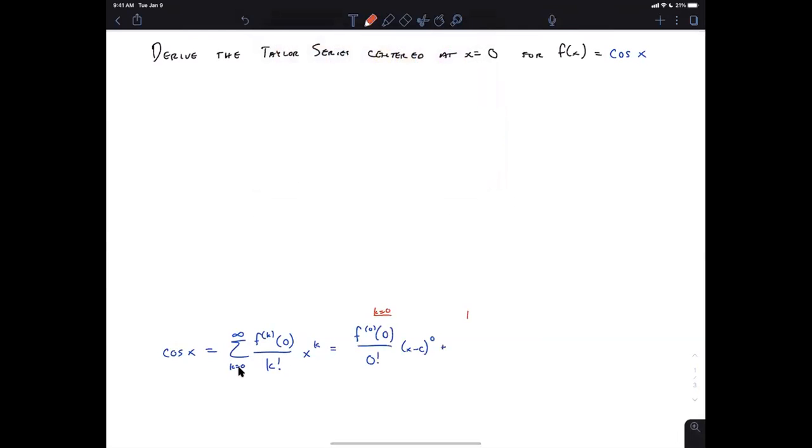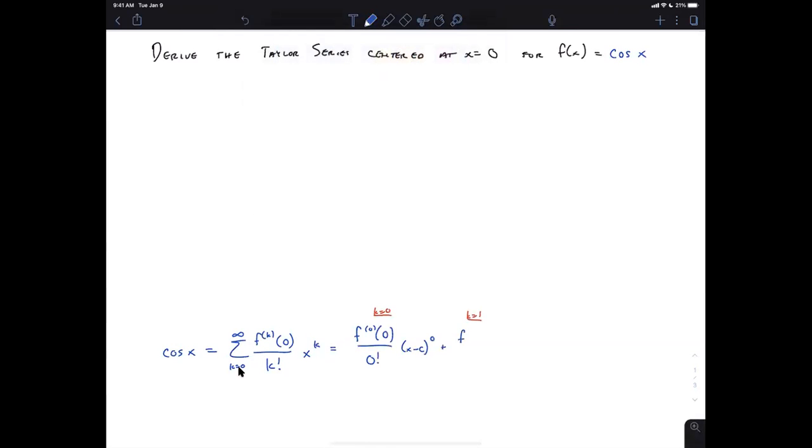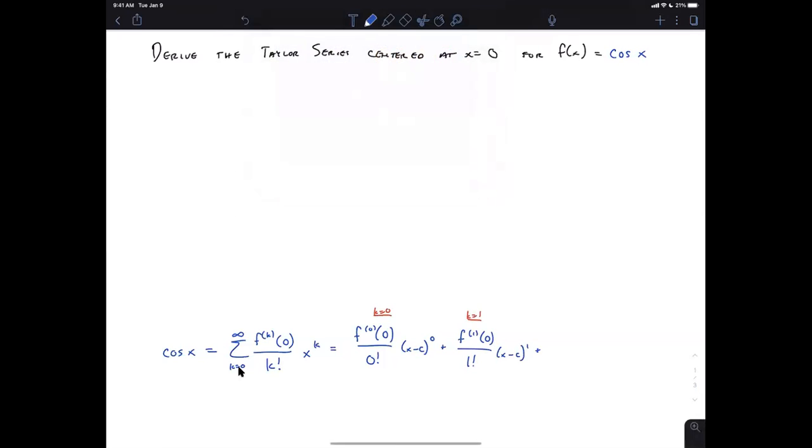When k is equal to 1, we get f1 of 0 over 1 factorial times x minus c to the first. When k is 2, we get f2 of 0 over 2 factorial times x minus c squared. And for k equals 3, we get f3 of 0 over 3 factorial, and I should drop the x minus c.